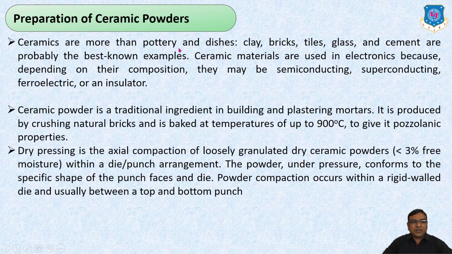Ceramics are more than pottery and dishes. Clay, bricks, tiles, glass, and cement are probably the best known examples. Ceramic materials are used in electronics because, depending on their composition, they may be semiconducting, superconducting, ferroelectric, or an insulator.